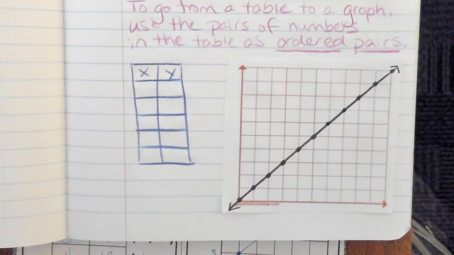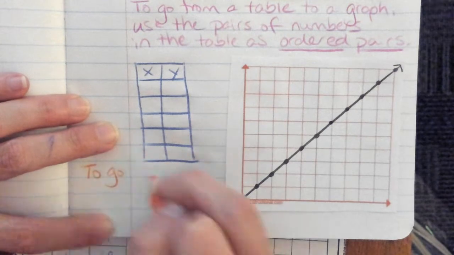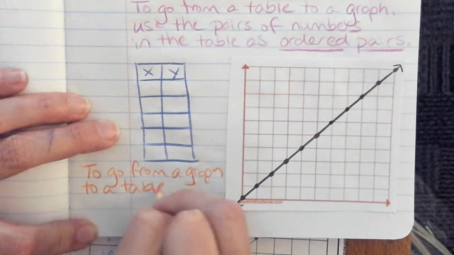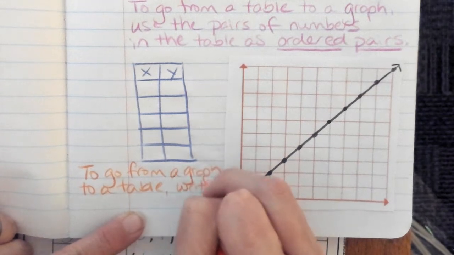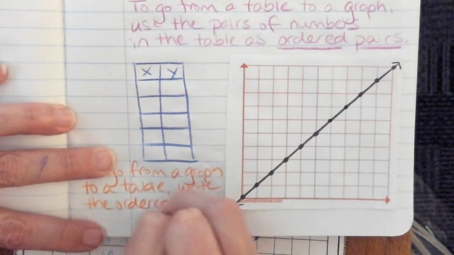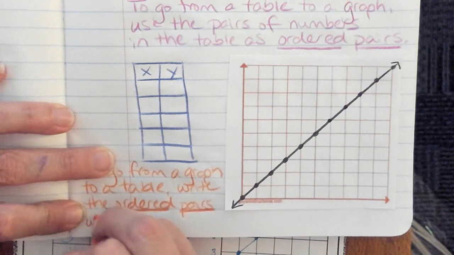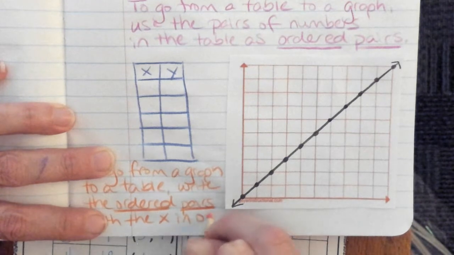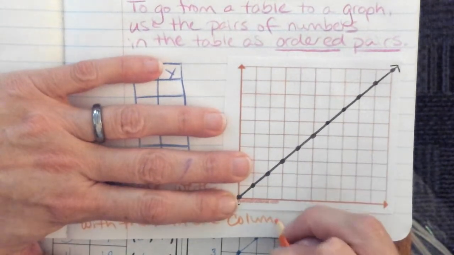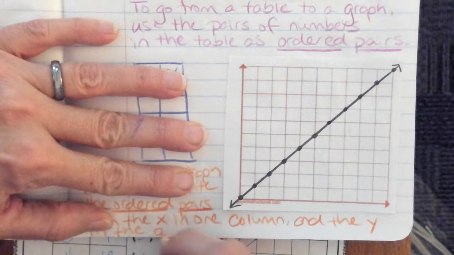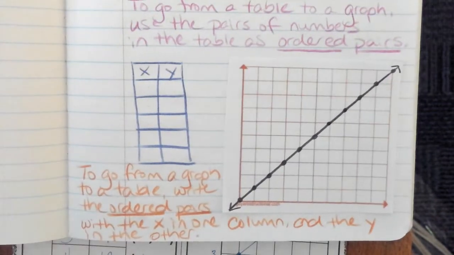To go from a graph to a table, and I'll go ahead and write the words first this time: to go from a graph to a table, write the ordered pairs with the X in one column and the Y in the other.